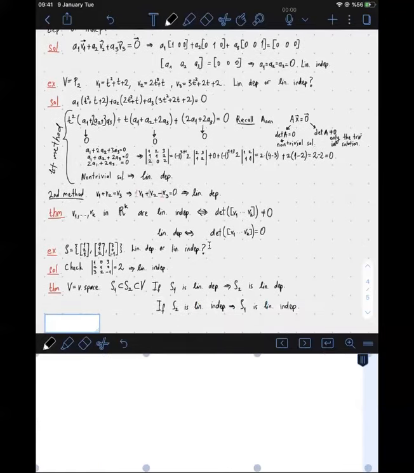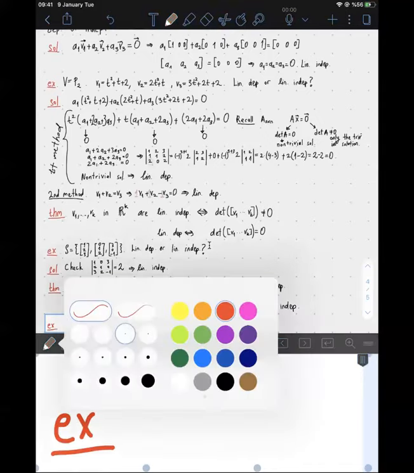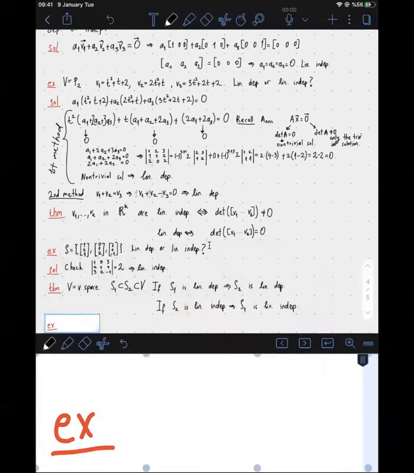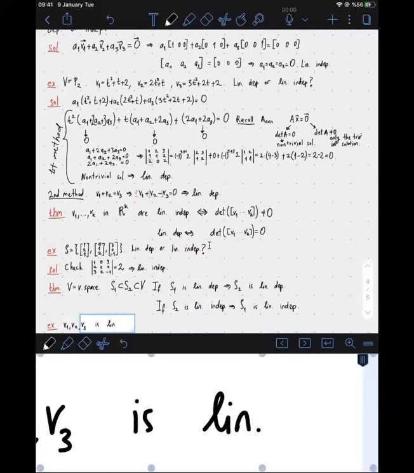As an example, not an actual example, suppose the set V1, V2, V3 has 3 vectors that are linearly dependent.